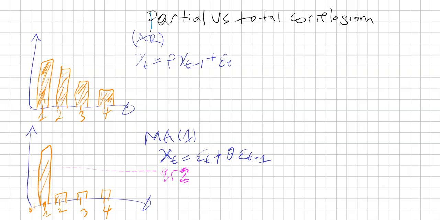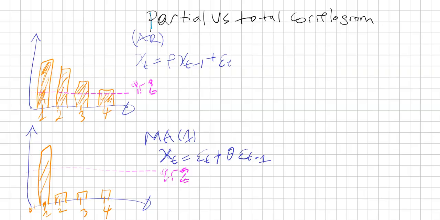When you look at the confidence interval for the AR, also at 95%, all will be outside, exceeding the 95%.